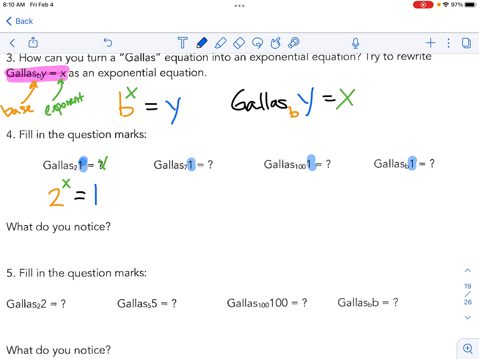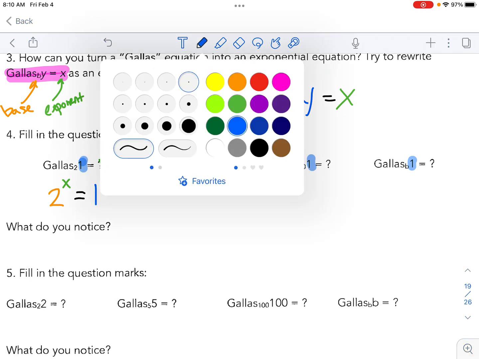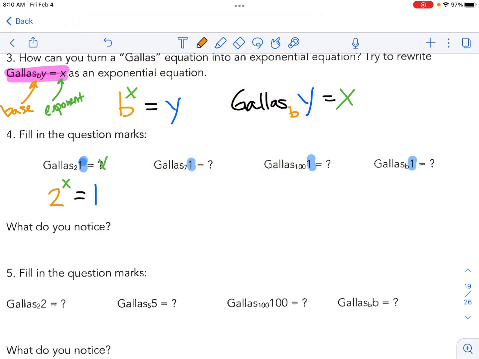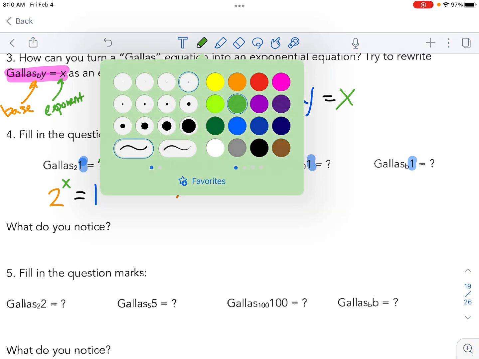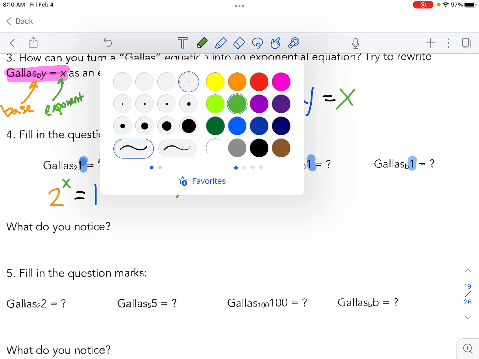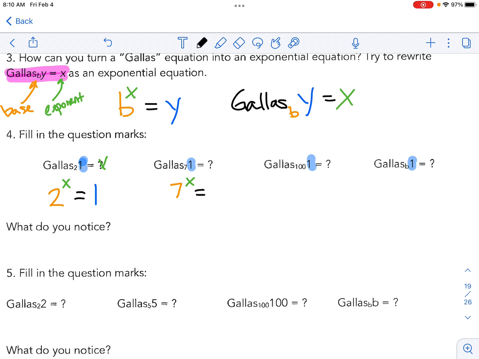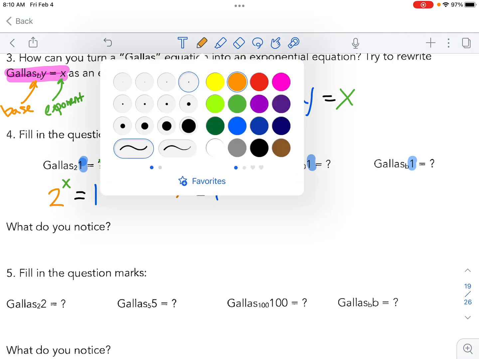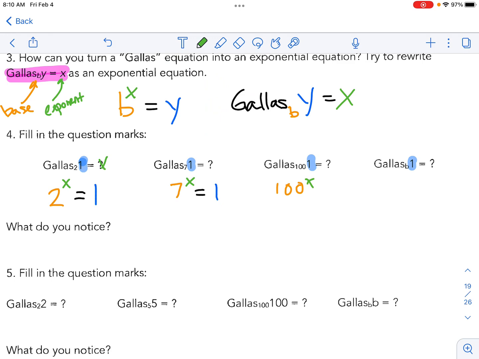But without going into what that answer is, you might know the answer already. Let's just look at the next one. The next one says 7 to what power equals, again, 1. And then this next one is saying 100 to what power, right?